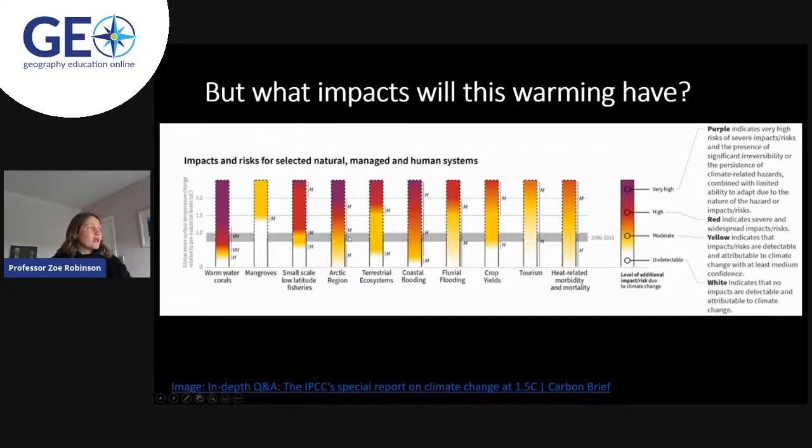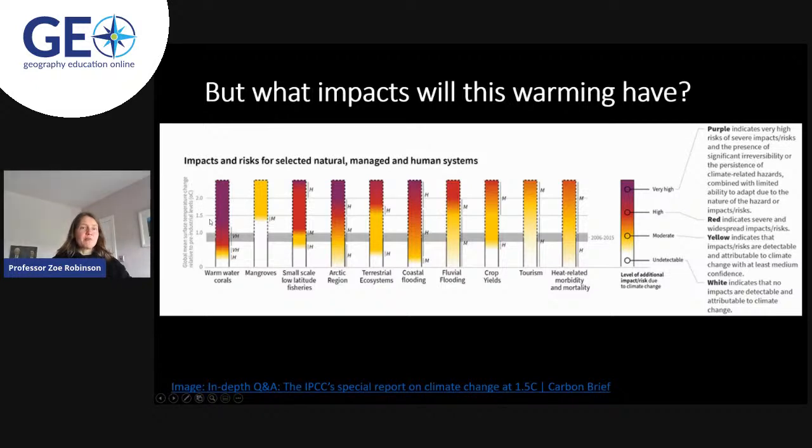And then the grey bar gives us around about 1 degree warming. Then the second line up gives us 1.5 degree warming, and the highest line is 2 degrees warming. And what this shows is the severity of the potential impacts at these different amounts of warming for these different things which are going to be impacted.